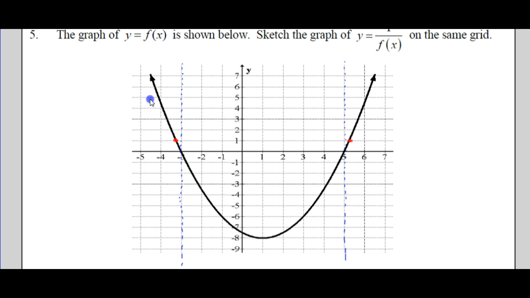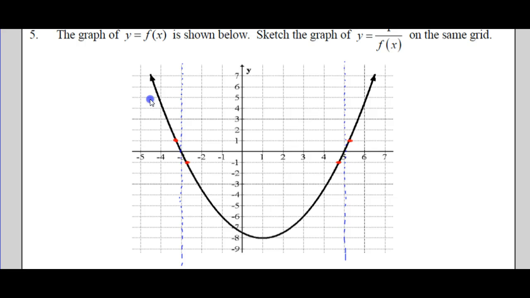And I'm going to do the same thing at negative 1. So the first thing you do is find the zeros of the original function and sketch in vertical asymptotes. Then you plot the invariant points.